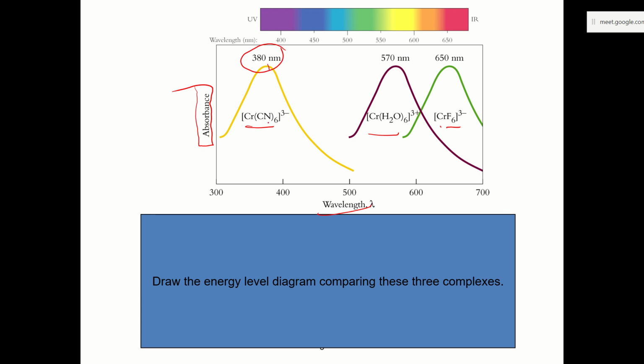380 nanometers, so it absorbs on the UV side. Ultraviolet region, very high energy is required for this transition. This one absorbs at 570 nanometers, one absorbs at 650 nanometers. So what do you expect in terms of colors?